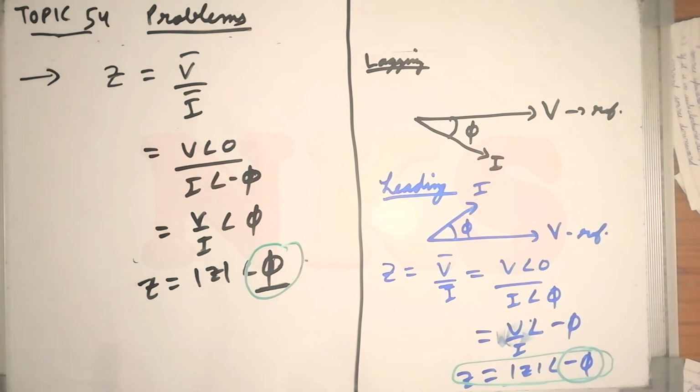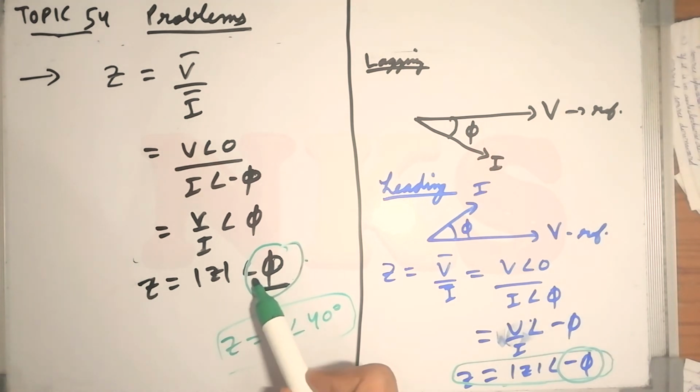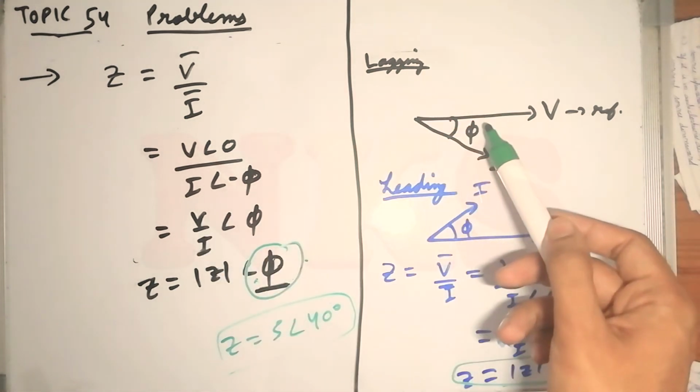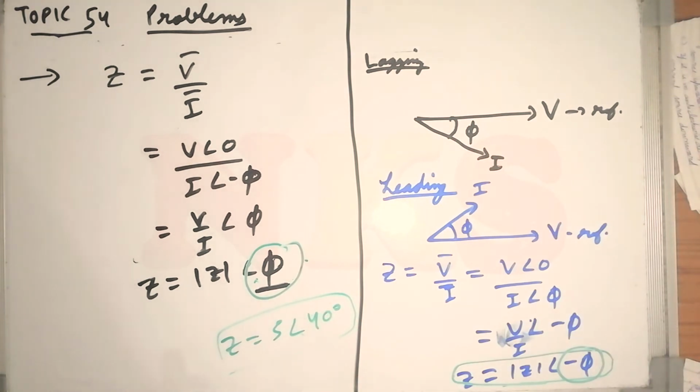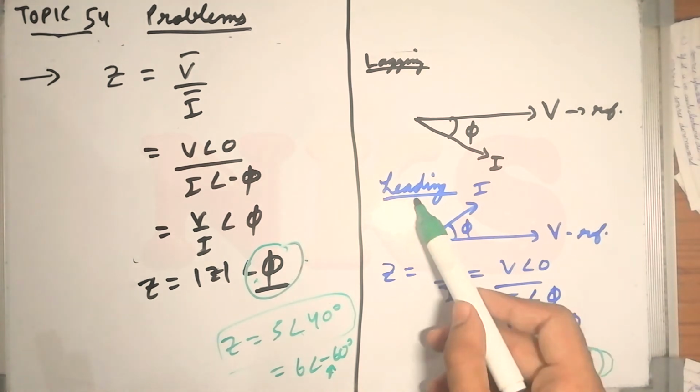So what I am trying to say by this discussion is, if somewhere it is written that the impedance is 5 at an angle 40 degrees, it should automatically strike your mind that this is talking about a lagging kind of load. Always remember this. And if somewhere the impedance is at an angle minus 60 degrees, because it is a negative sign, it should automatically strike your mind that this is a leading kind of load.